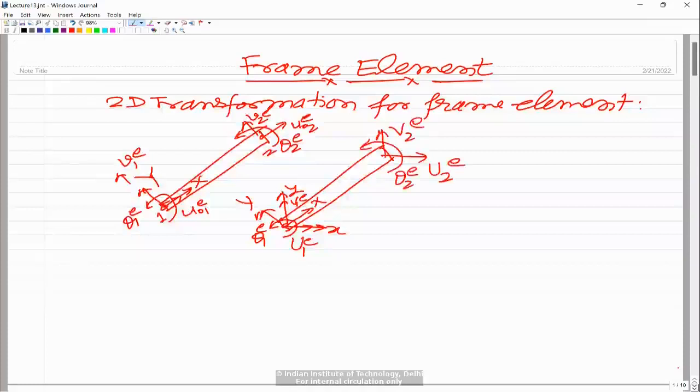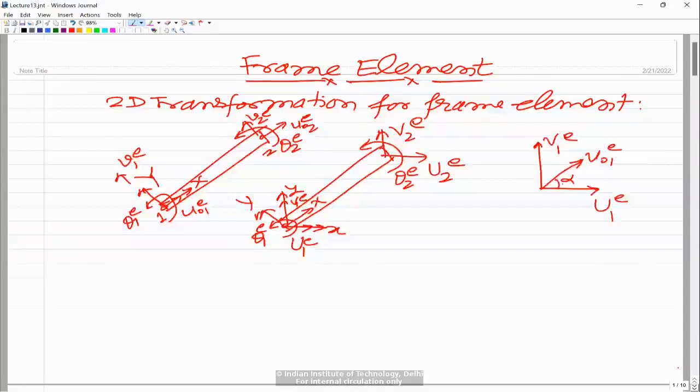If you look at the relationship between the local and global displacements, these are the global displacements, say U1e and V1e at a particular node, either node 1 or 2. Let us say the local x-axis is at an angle alpha with the global x-axis.